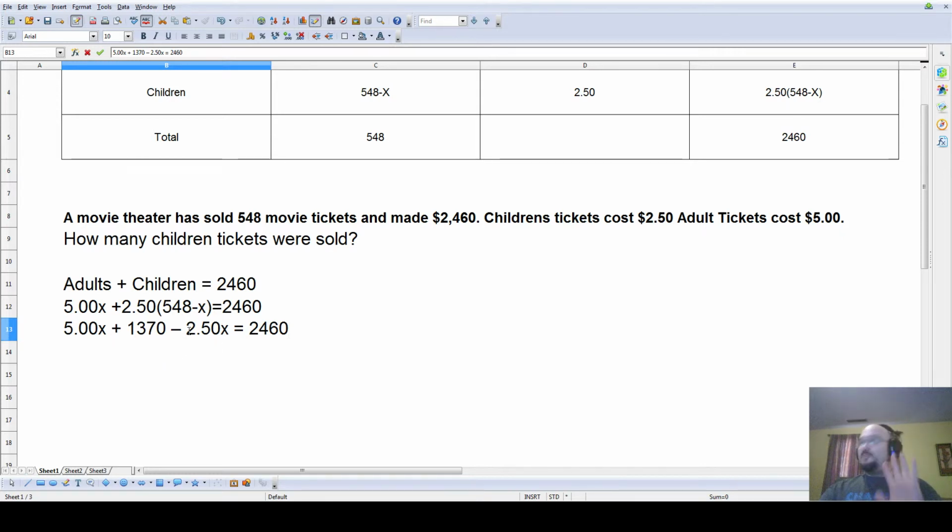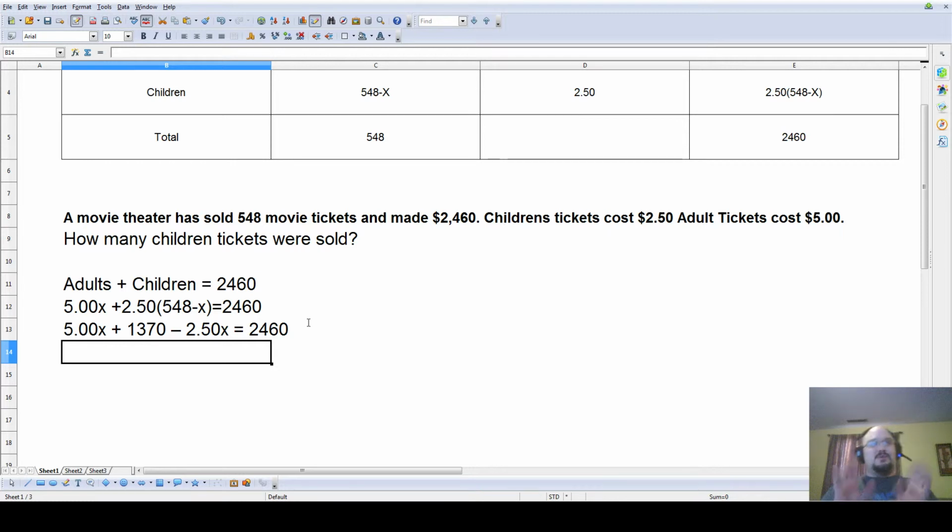There are some crazy things that happen, and this would have been a bigger number, but they all would still work out in the same way. So I'll let you test that on your own. You can set up this problem the exact same way. Just do x for the children, and 548 minus x for the adults, and see if you get the same answer, which you should, right?